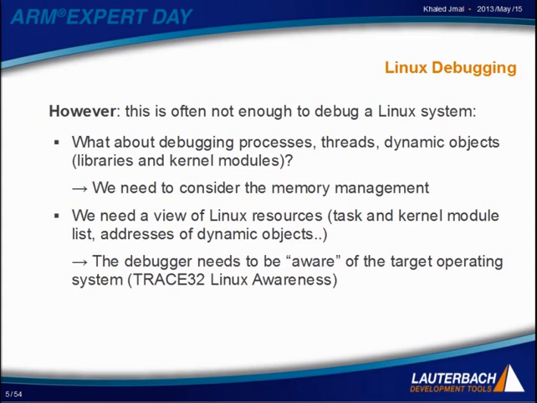Then the kernel itself, the structures of the kernel, the data of the kernel contain a lot of useful information, and it will be good to have some windows to display the kernel resources, for example, the task list, the loaded kernel modules, the loaded libraries for a specific process, and for this you need what you call a Linux awareness. It is a TRACE32 extension.